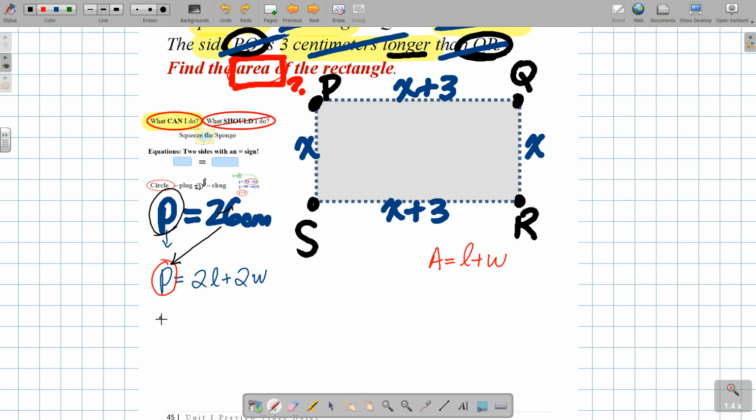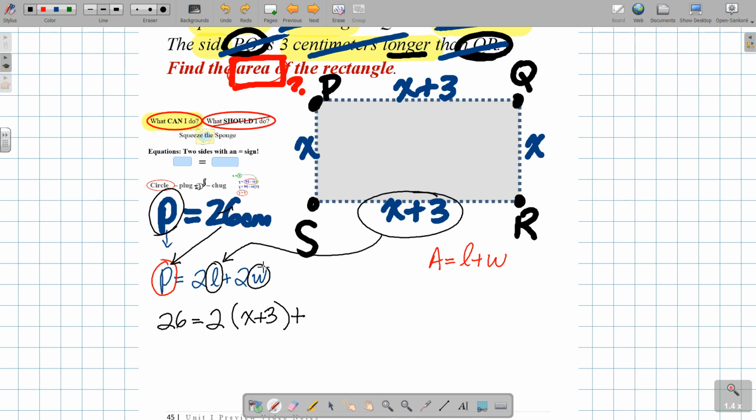Let's solve for X. Do your own math. Ta-da! We just found X equals 5.